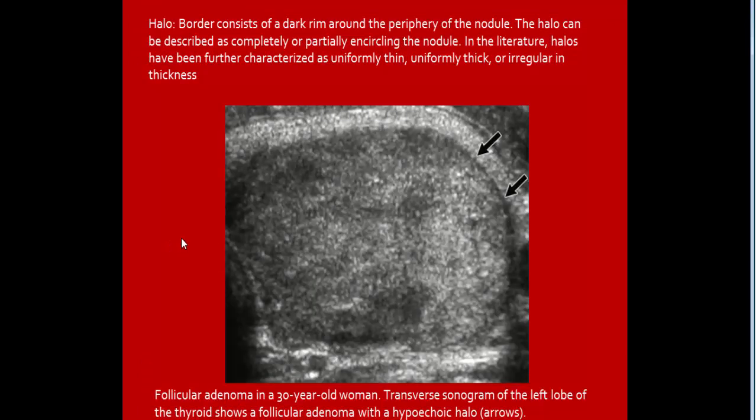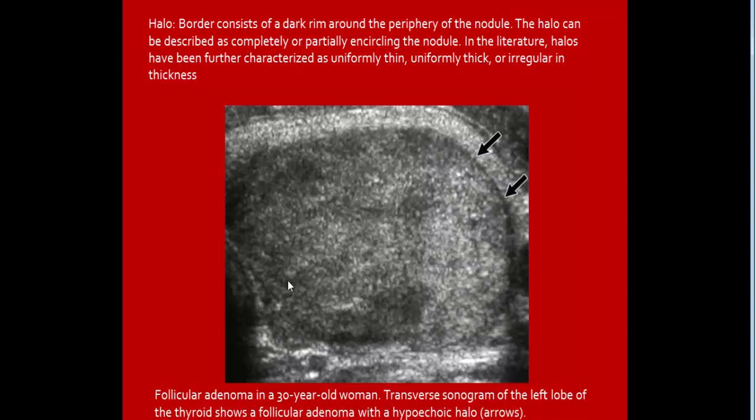Halo around the nodule is another sign of benignity. What does halo mean? The border consists of a dark rim around the periphery of the nodule. The halo can be described as completely or partially encircling the nodule. In the literature, halos have been further characterized as uniformly thin, uniformly thick, or irregular in thickness.